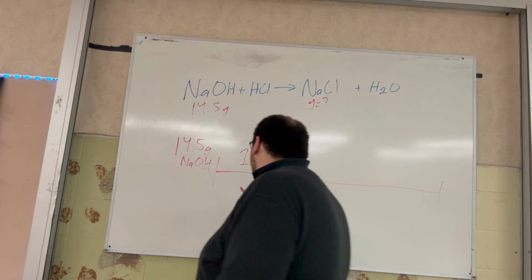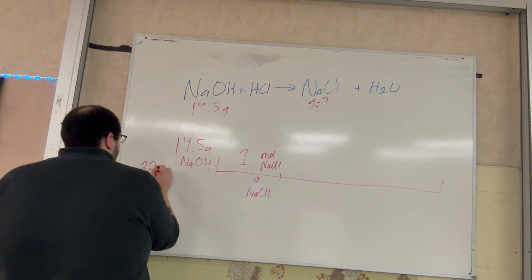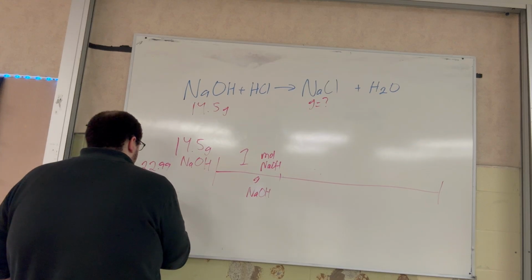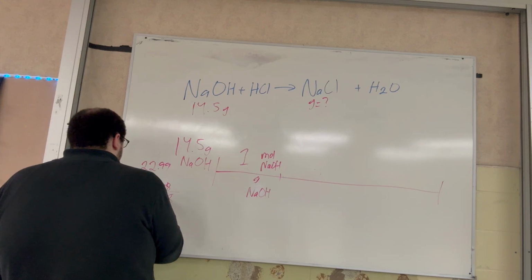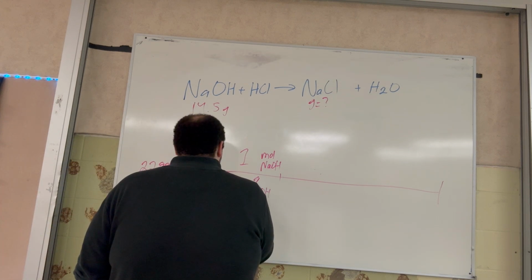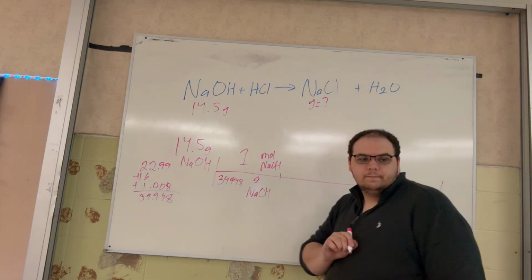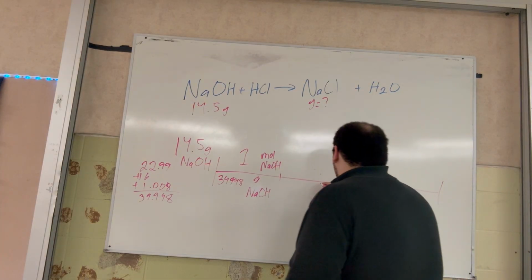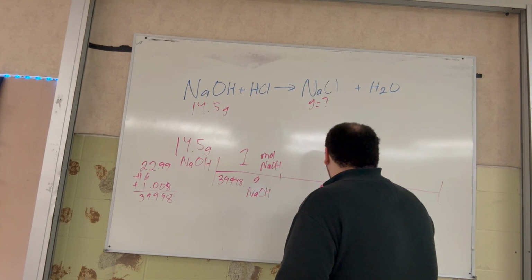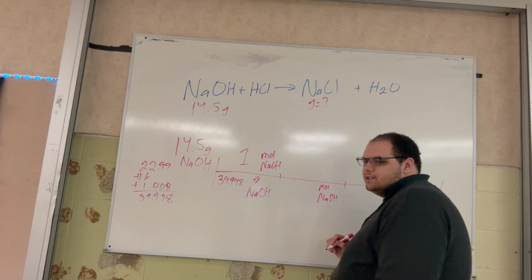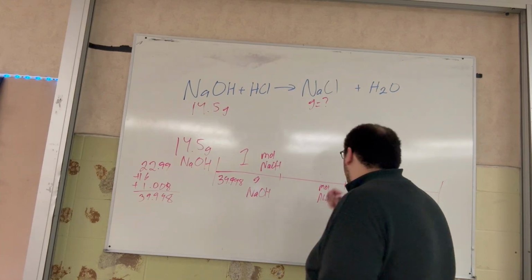The molar mass of sodium hydroxide goes on the bottom. The molar mass of sodium hydroxide is 39.998. If I have moles of sodium hydroxide, I'll have moles of sodium hydroxide down here. This is my mole-to-mole conversion step according to my roadmap.